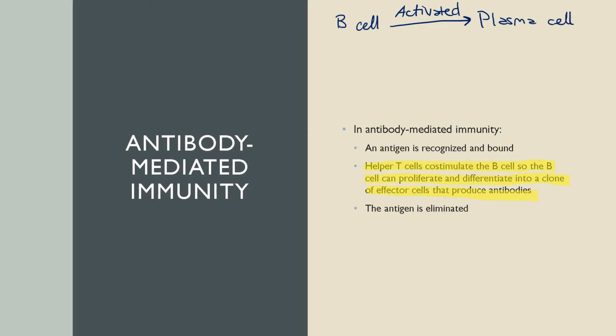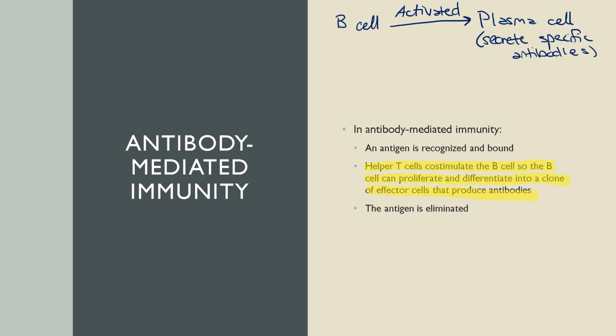So plasma cells are going to be the effector cells of a B cell clone, and they secrete specific antibodies. These antibodies will circulate in the lymph and the blood to reach the site of invasion.